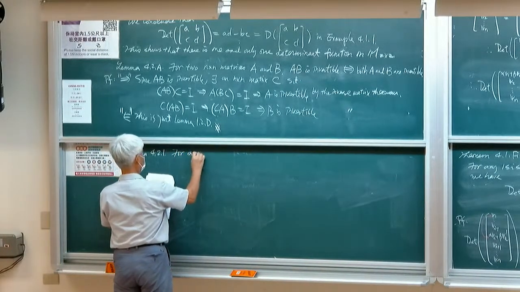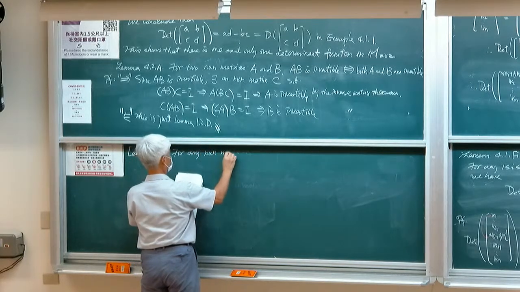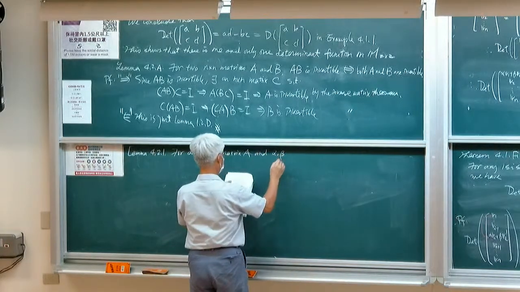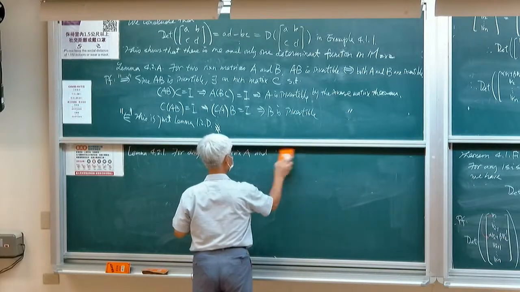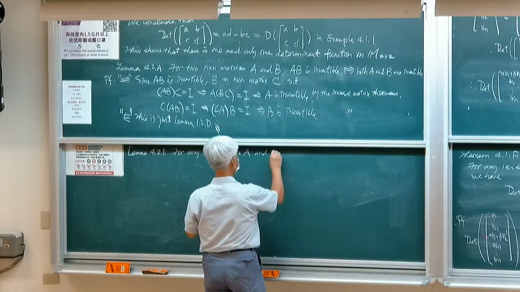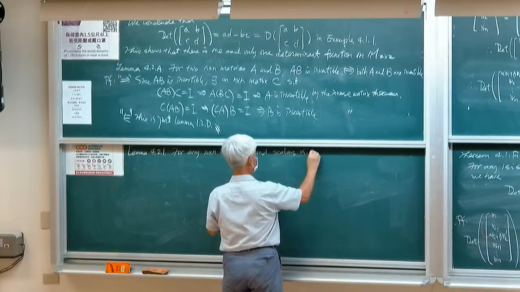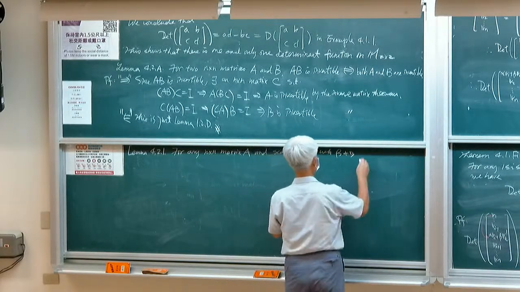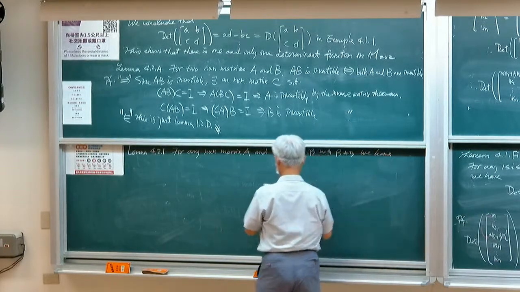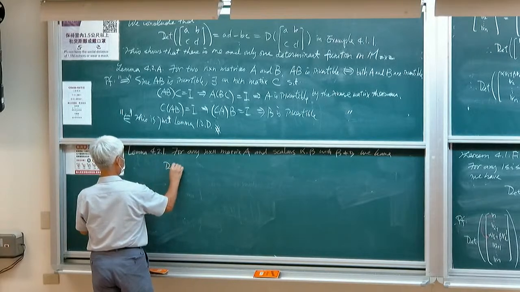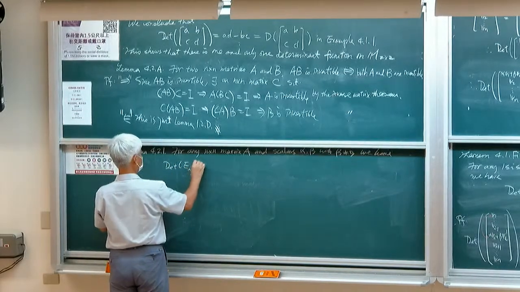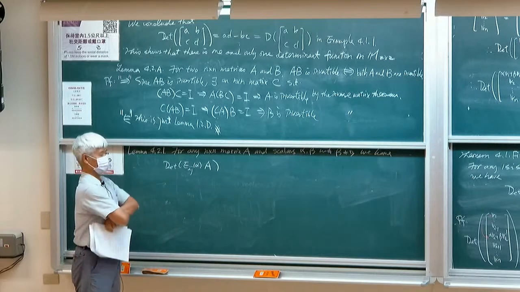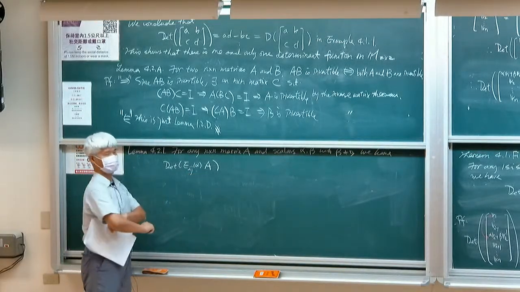For any n times n matrix A and scalars alpha, beta with beta not equal to 0, we have the determinant of E_ij(alpha) times A. Now, the product of these two matrices, right?